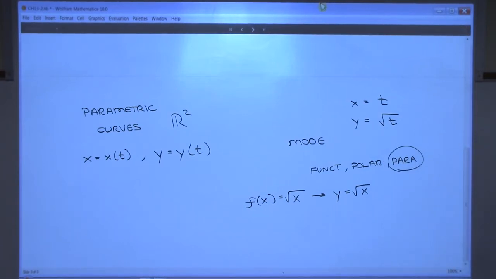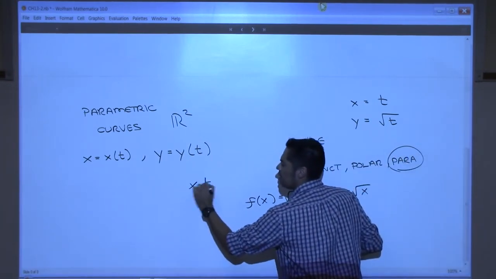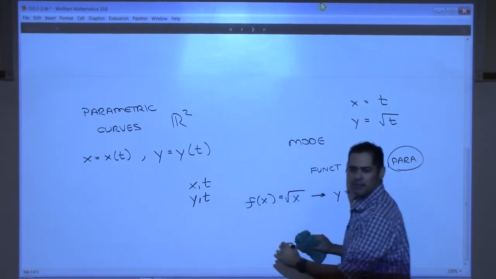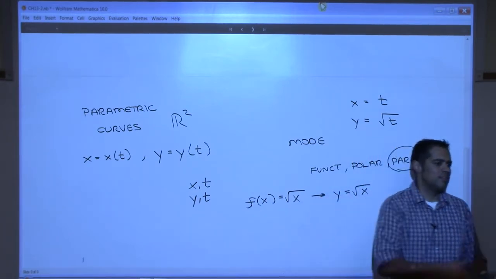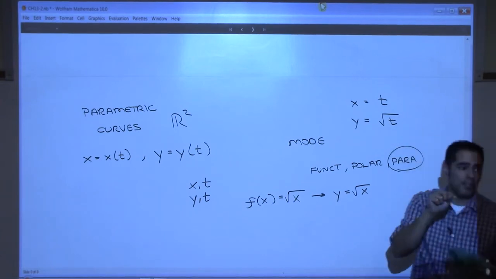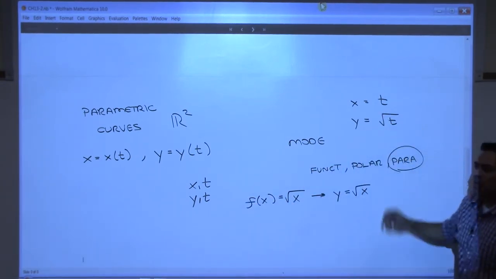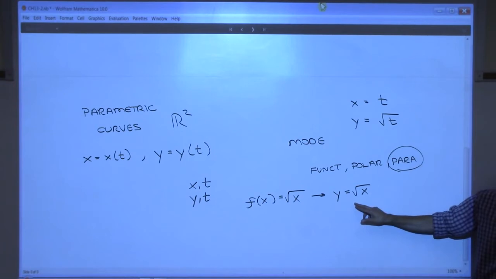So if you go into your graphing calculator, go to parametric mode, your calculator says something like x1t, y1t, and then the next one will say x2t, y2t. That's so you can draw multiple curves if you want to. But if you put in t, and you have to use t, not x, you put in t and root t, and you graph it, it should draw you the same curve as writing square root of x in.